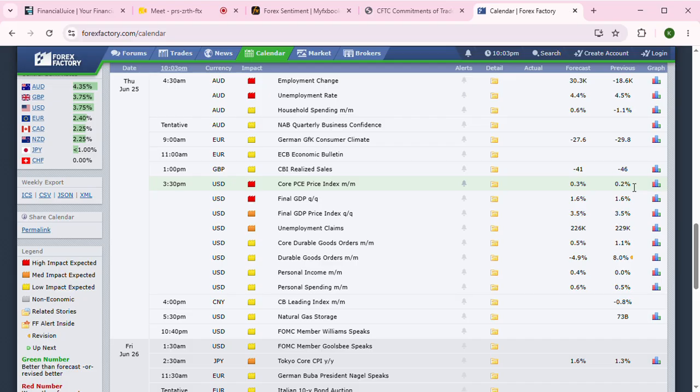So if the actual is going to come out greater, let's say it comes out at 0.4, that means consumer prices have gone up by 0.4 from the previous month.